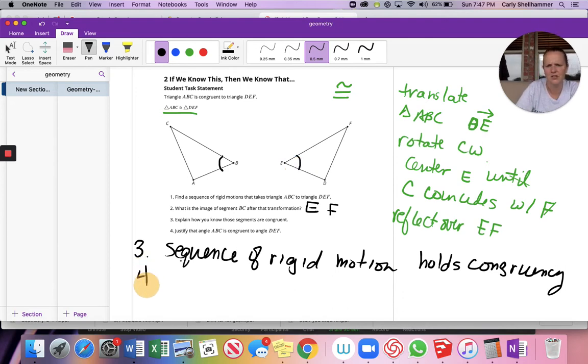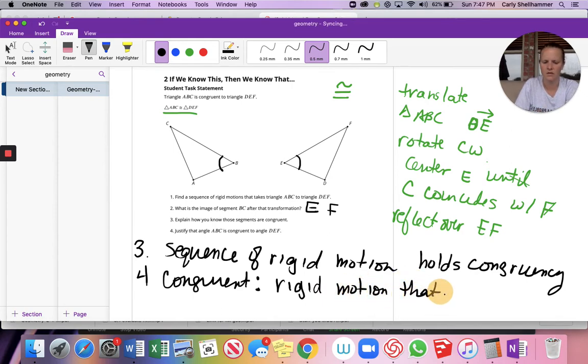So the definition of congruent is that there is a rigid motion that exists taking one figure onto another.